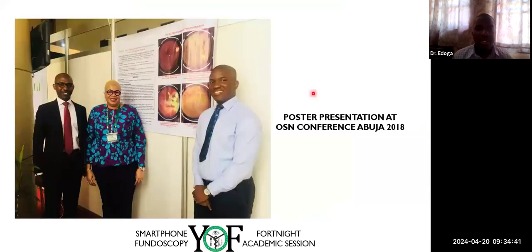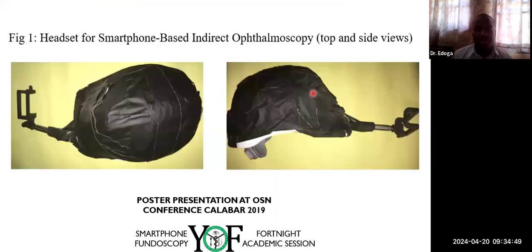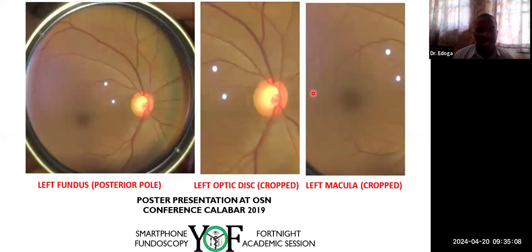So this was me in a 2018 Abuja conference when I was making a presentation. So this was the second presentation that we made in, I think it's Calabar, 2019. So we designed a head-mounted variation for smartphone-based indirect ophthalmoscopy, and we're able to get this image with this setup.